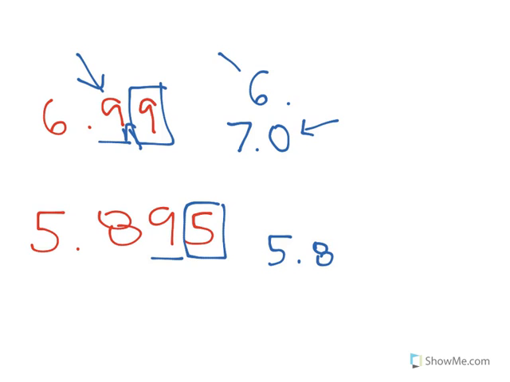Since it's a 5 or greater, it's going to round up, so this number is no longer a 9, it's going to change to a 10, and I can't really write it that way. I can't fit 10 as a single digit, so I have to add one more on to the 8, and then 5.90 is actually how that's going to work, because I'm rounding up by 1/100th, and when I do that, it's going to end up with 5.90.